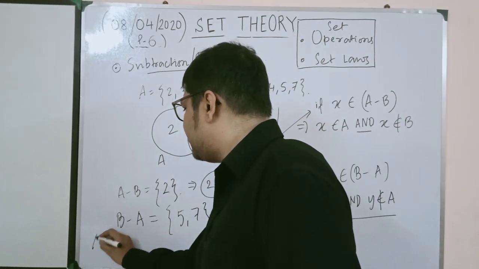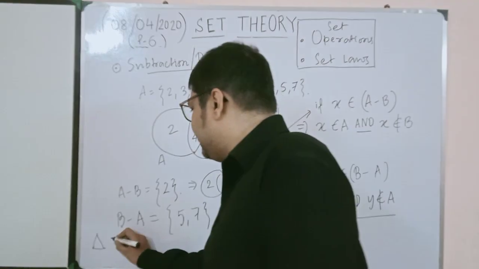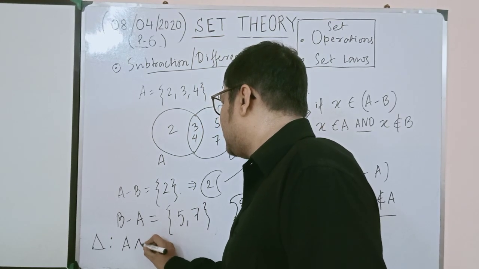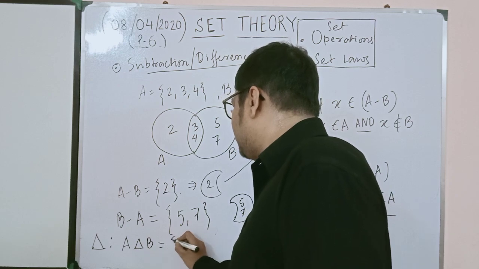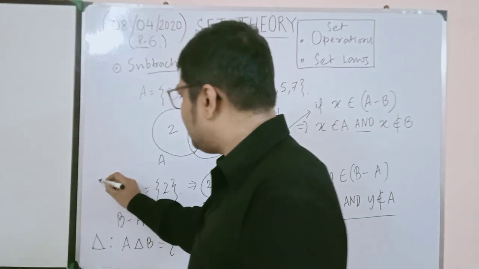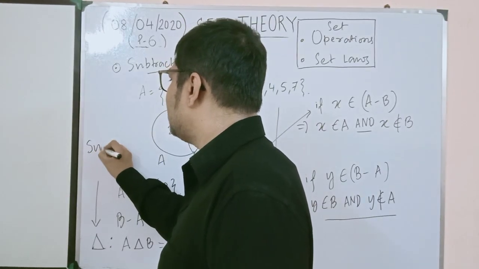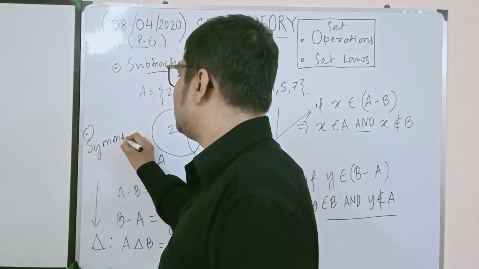The symmetric difference is given by a delta symbol, so A delta B. This is another operation, please understand.